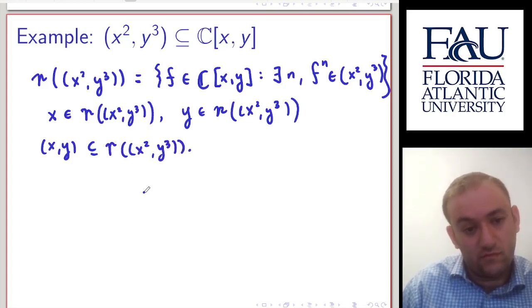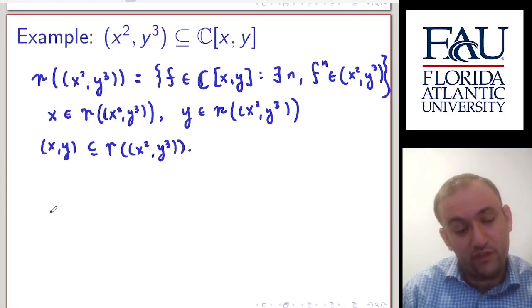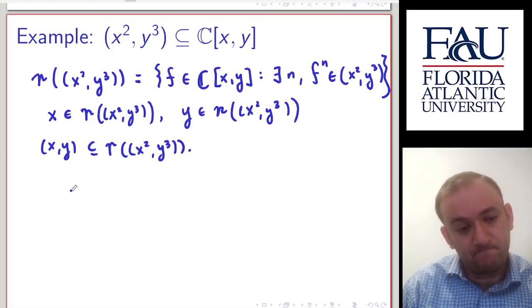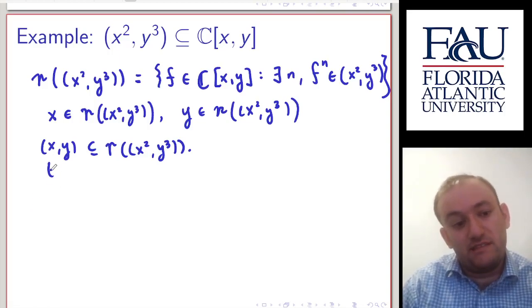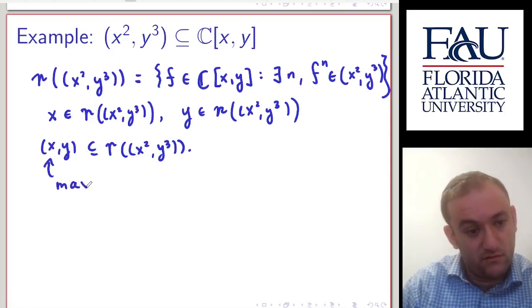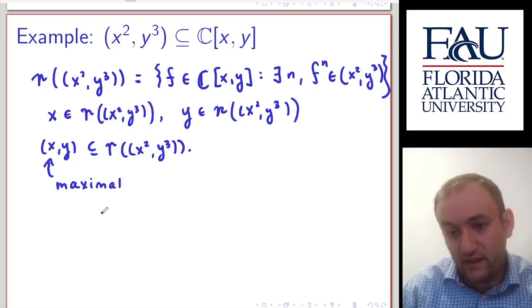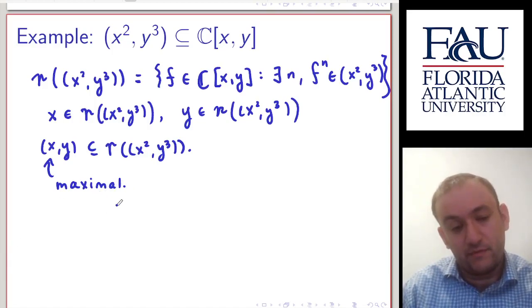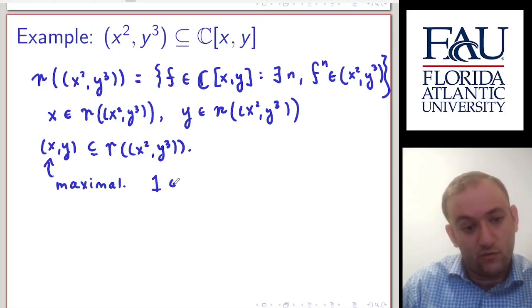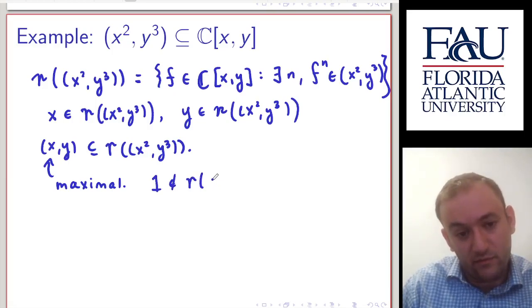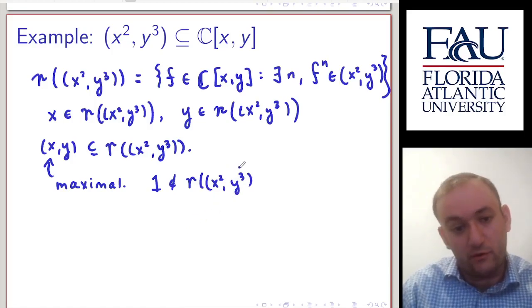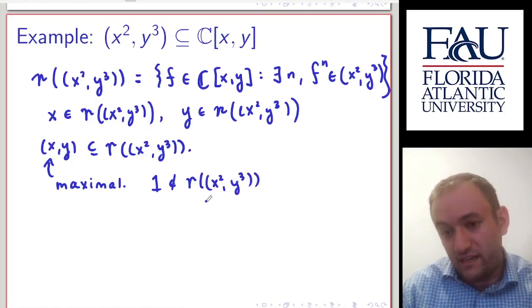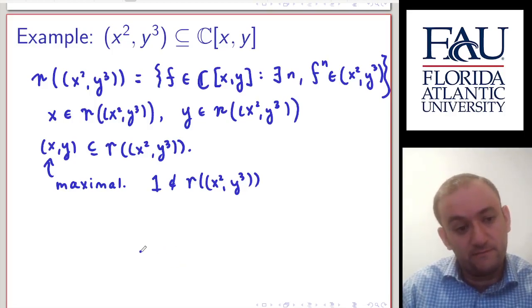How do I know that it's actually the whole thing? Well, one way to show it is that this ideal is maximal. So if you add anything else in, you get the whole ring. But we know that 1 is not in the radical ideal, because no matter how many times I raise 1 to a power, no matter what large power I raise it to, I'm not going to end up in the ideal generated by x squared and y cubed.